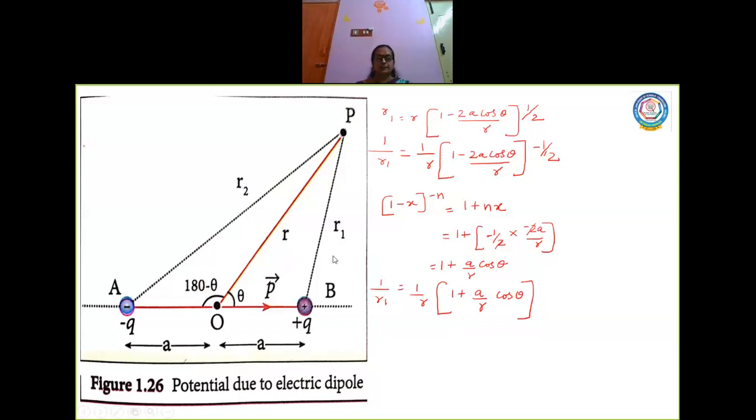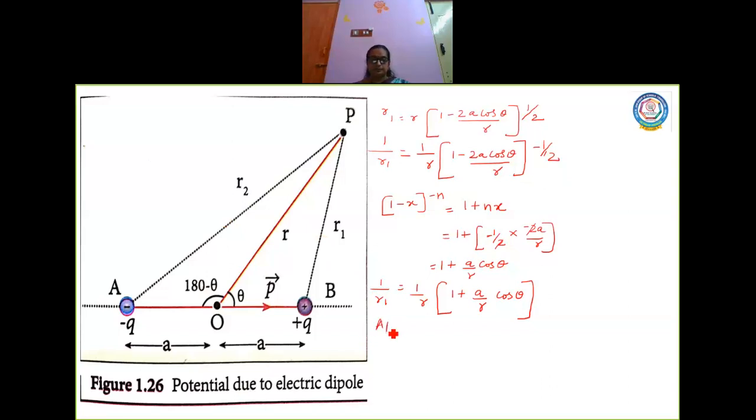Now let us move on with the same methodology for this triangle. Similarly, once again I will start applying the cosine law.